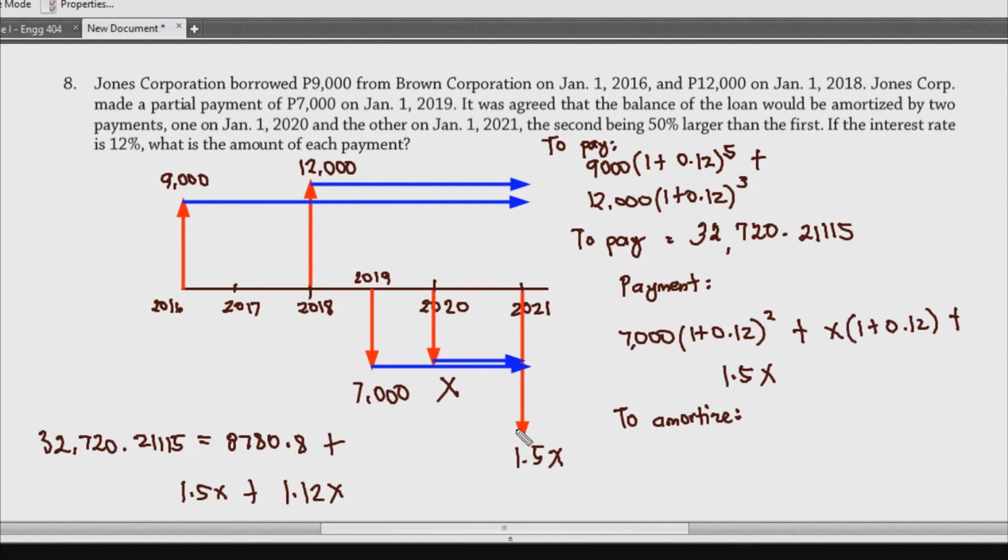So x is equal to 9,137.1798. Okay, and then the second payment, which is 1.5x, is equal to 13,705.7697. Okay, so this is your final answer.